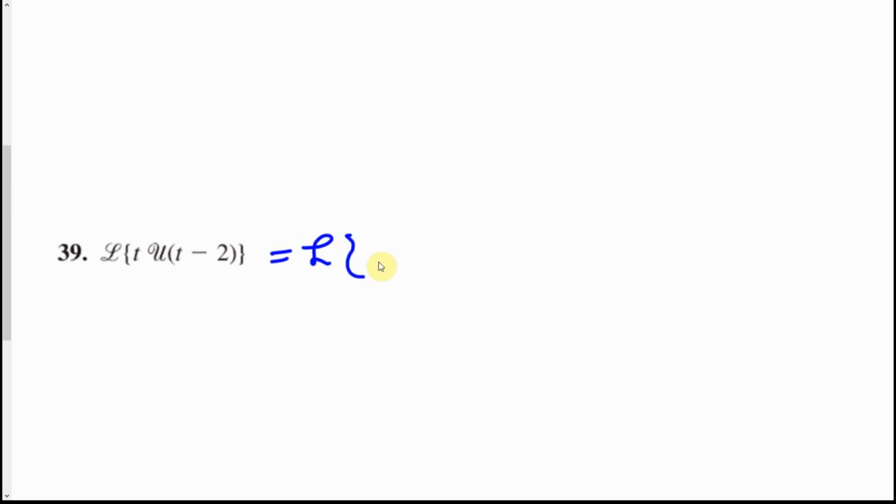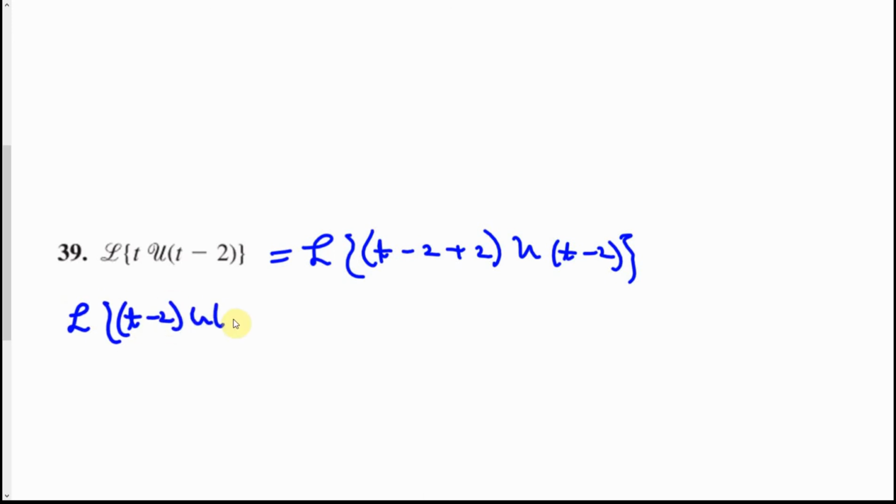So this is the Laplace transform of t minus 2 plus 2 times the unit step of t minus 2, which becomes the Laplace transform of t minus 2 times the unit step of t minus 2, plus 2 times the Laplace transform of, this is really like 1 times the unit step function of t minus 2.